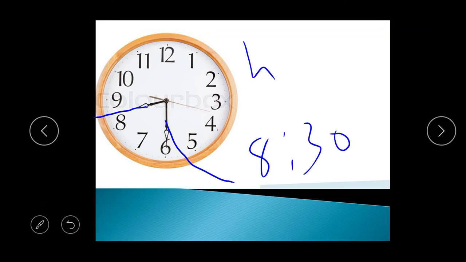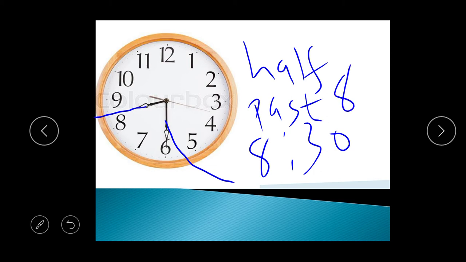You just choose the number that the hour hand is closer to. So it is closer to 8, or you can say it is half past the hour towards which the hour hand has moved halfway. So this is half past 8. Yes, 8:30. That is the time.